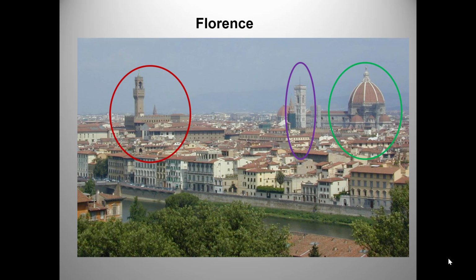Here, with some modern additions, of course, is the skyline of the early Italian Renaissance. On the right, circled in green, you see Florence Cathedral, the Duomo, an Italian Gothic structure with a campanile or bell tower designed by Giotto, circled in blue or purple, and Brunelleschi's famous Renaissance dome.